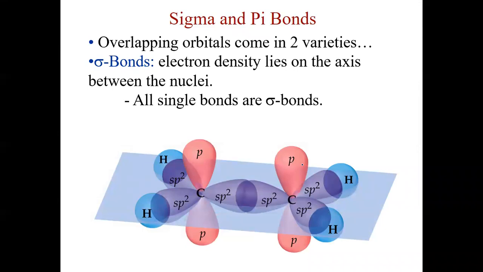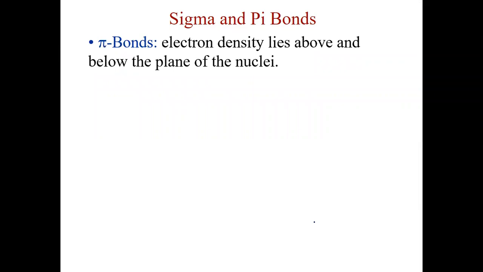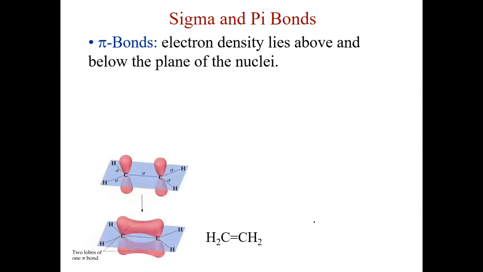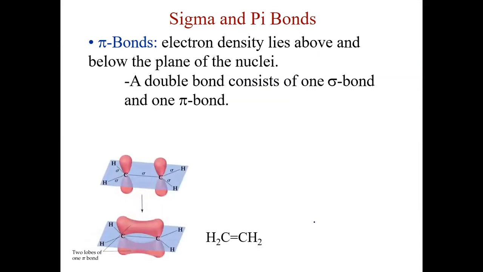So you have sigma, sigma, sigma, sigma, and then the pi bonds, where the electron density lies above and below the plane of the nuclei. So here's our molecule separated out into the sigma.